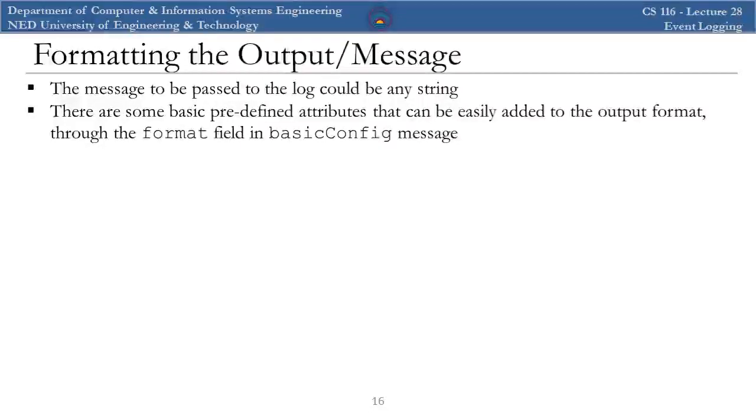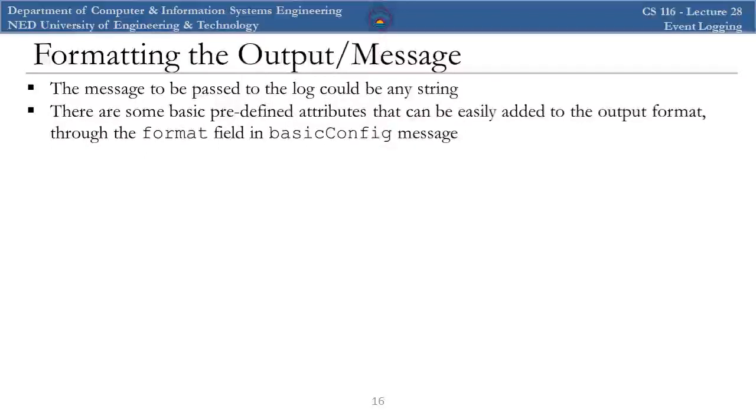Now, how can you place additional information apart from that message? What happens here is that this logging module maintains a set of attributes that define the state when a logging event occurs. And a logging event occurs when you call any of those 5 methods. So let's suppose you are calling the info method.